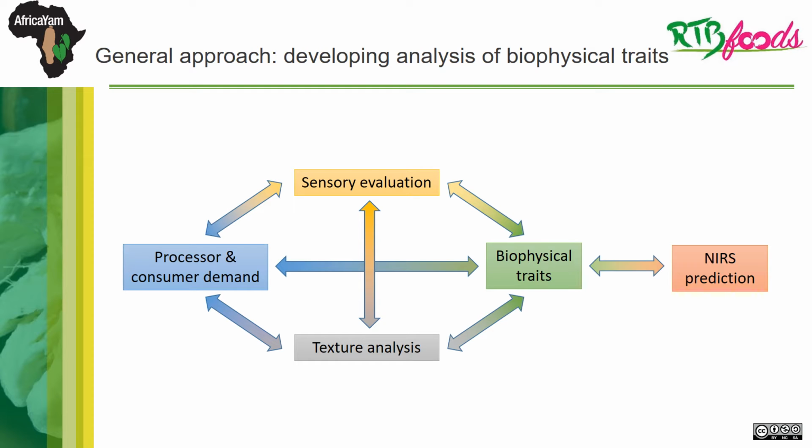And finally, with this biophysical test, you can develop a database that can be used for NIRS calibration and rapid analysis prediction of the quality of yam by NIR analysis prediction.